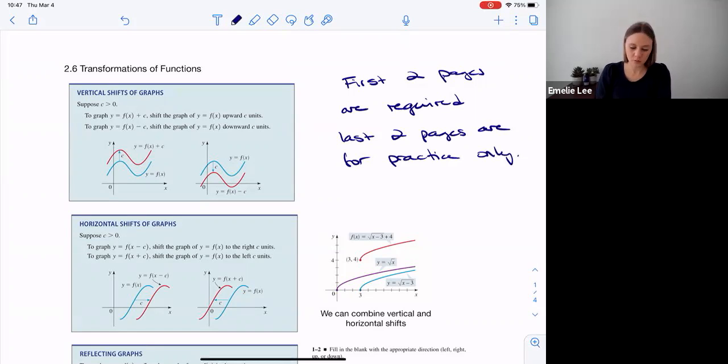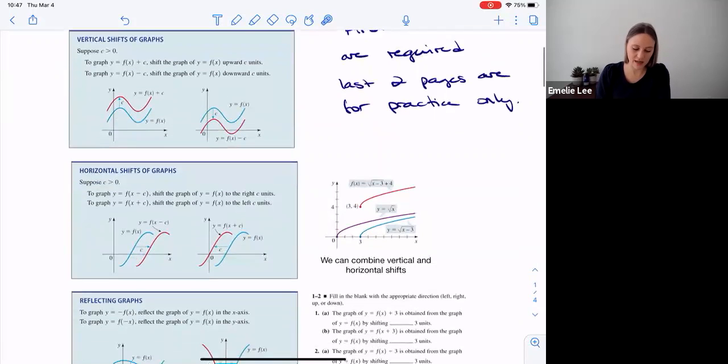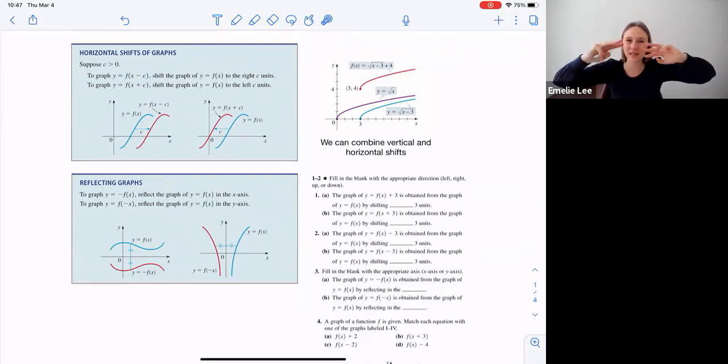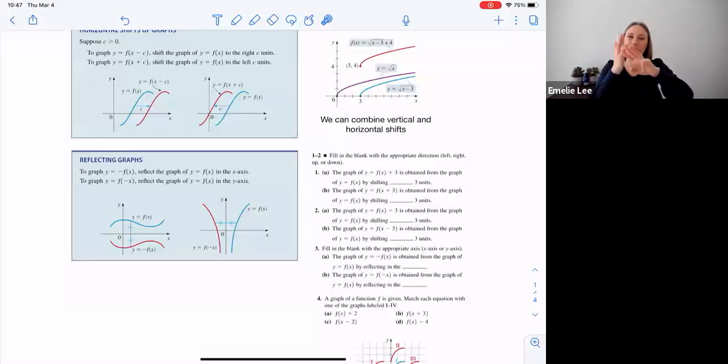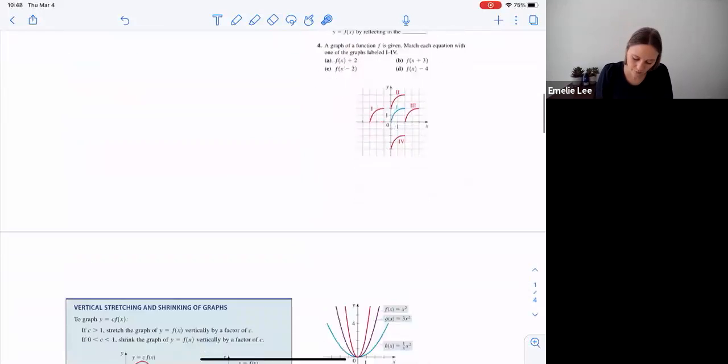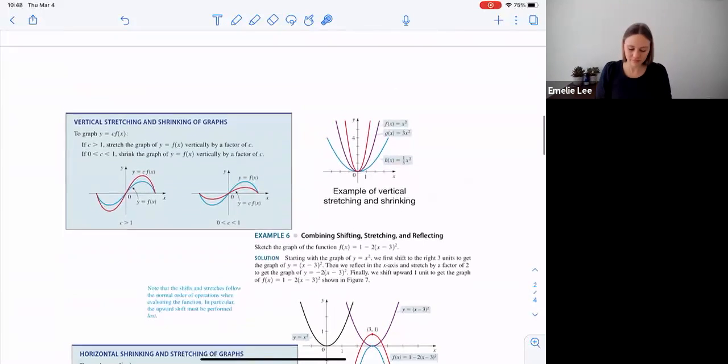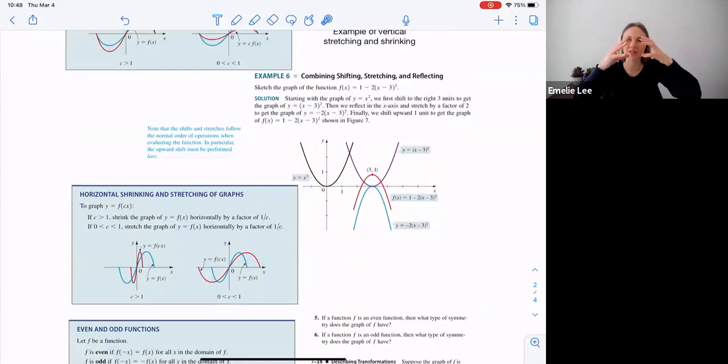So what we have talked about is that we can have vertical shifts and horizontal shifts. Then we'll talk about reflecting graphs, which we've actually seen. If I take the negative, then it reflects it on the x-axis. You can reflect on the x-axis or on the y-axis, so what does that look like in terms of our function? Then we can talk about vertical stretching or shrinking, and the same thing as horizontal stretching and shrinking.